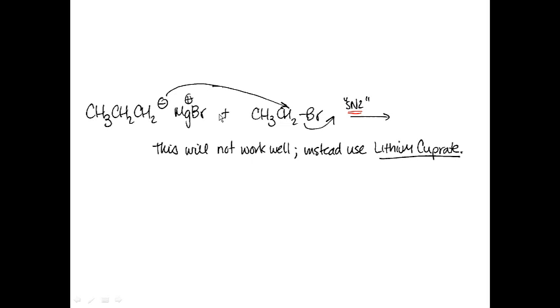Wurtz coupling is an annoying side reaction, but when you try to do this reaction for real, it just doesn't work. It's not a good reaction for forming carbon-carbon bonds. Well, people worked around that, and what they found was that if they just added some copper to this reaction, they could actually get good coupling reactions.